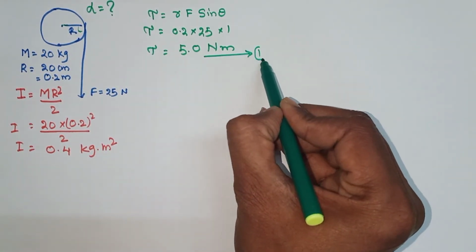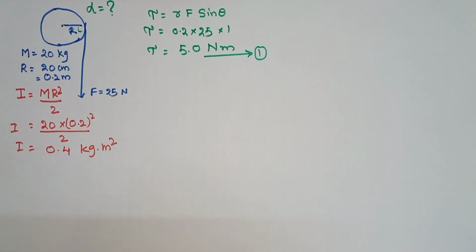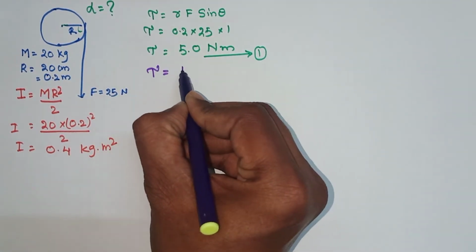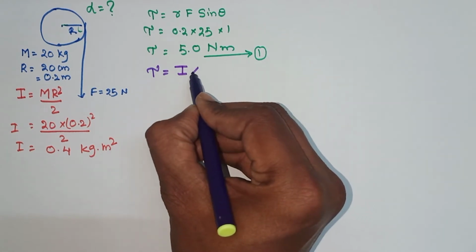This is equation 1. Just now we had seen the other alternate formula. What is tau? Tau involves I and alpha.